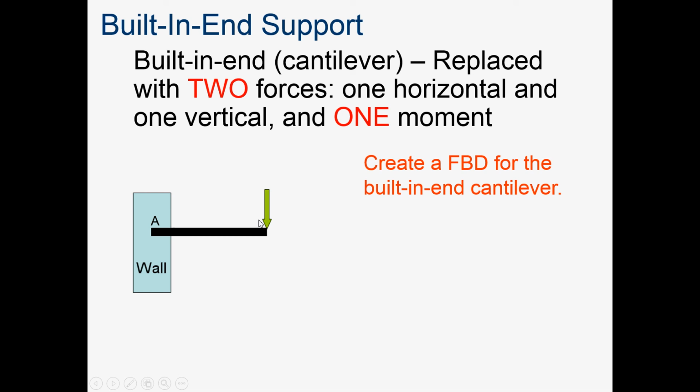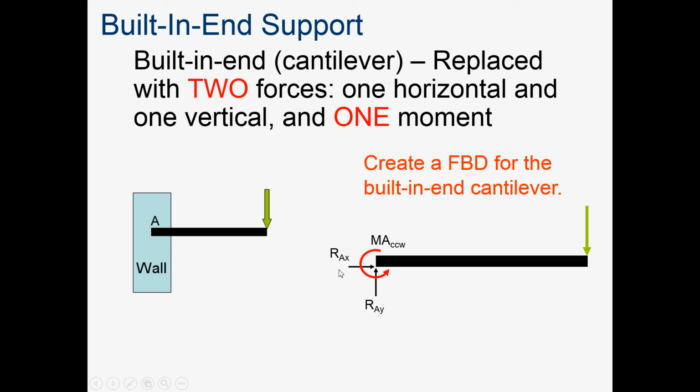And if I apply force and it wants to twist out here, it creates a moment, so this has to create the moment that counteracts it. So a cantilever connection creates both an X and a Y force, and a moment. It has 3 reactions here, 2 forces and 1 reaction moment.